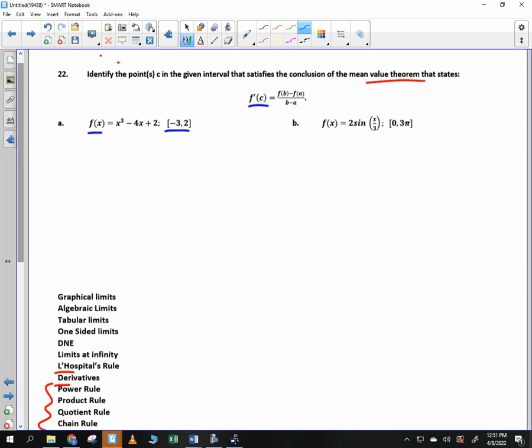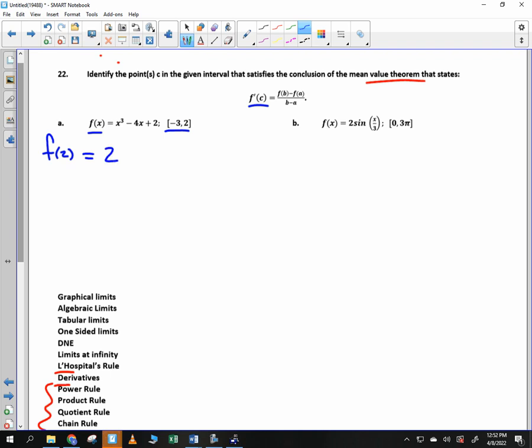So where would I start? You could take the derivative. Let's start with the other side, though. What's f of b? How do I compute it? Plug in 2. 2 cubed is 8, minus 8 is 0, plus 2 is 2.